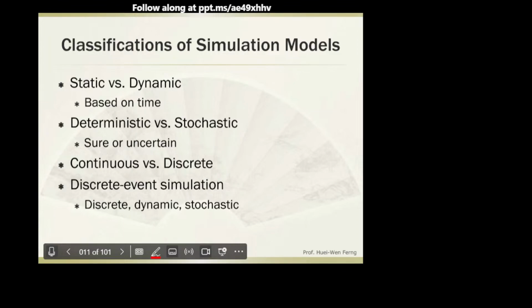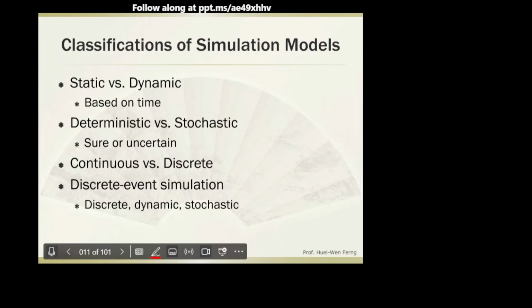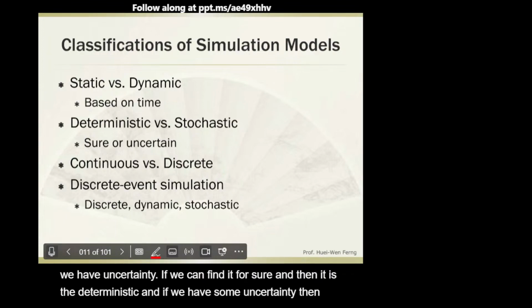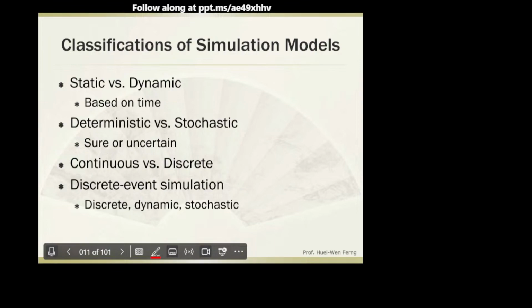And about some event, if you can find it for sure, then it is deterministic. If we have some uncertainty, then we have a stochastic system. Actually, we can have static or dynamic, deterministic or stochastic, continuous or discrete.